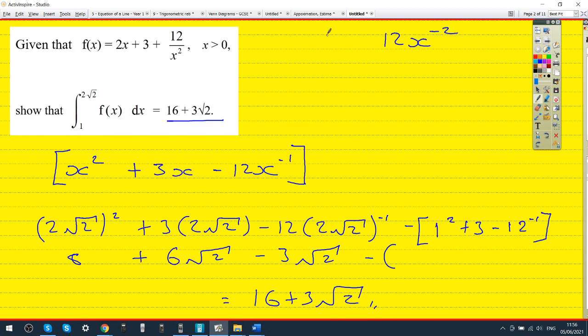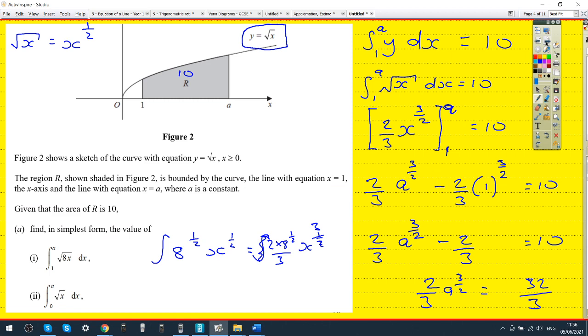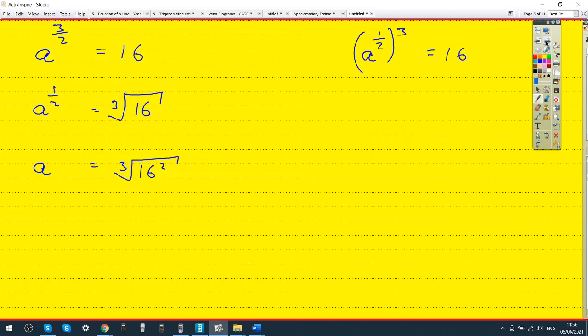So watch out if there are square roots involved. You just have to do it manually. Anything to do with exact, or show that the area is this, you can't use the calculator. You have to actually do it forward. For this one, k, just make it equal to what they say and solve for k. That one was a weird one.